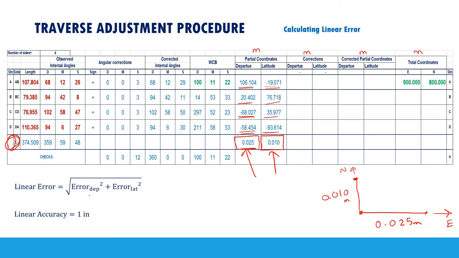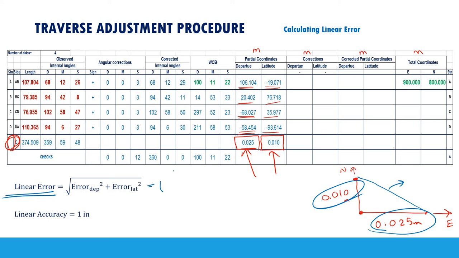Now we are going to calculate the linear error, which is this value here, using this relation: the square root of the departure error squared plus the latitude error squared. This is easy.